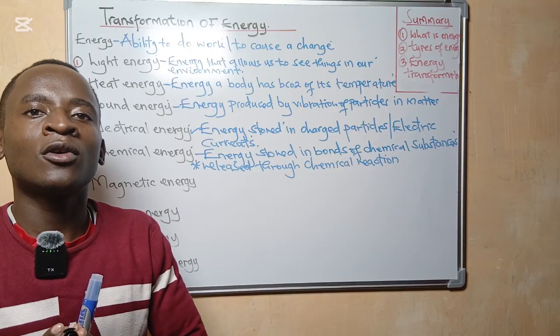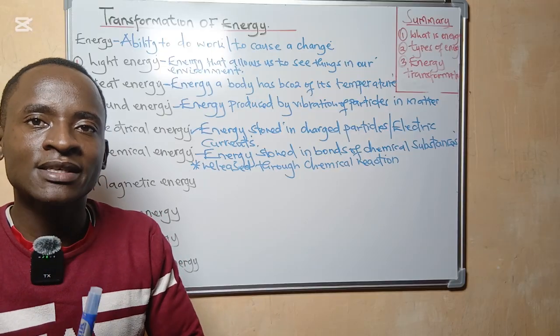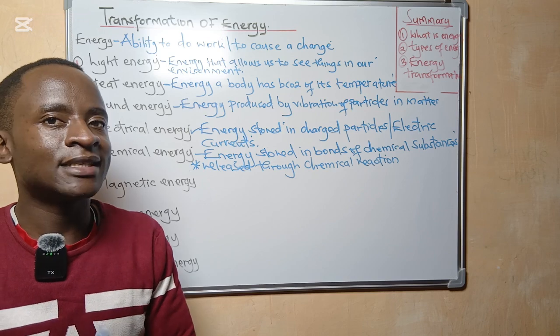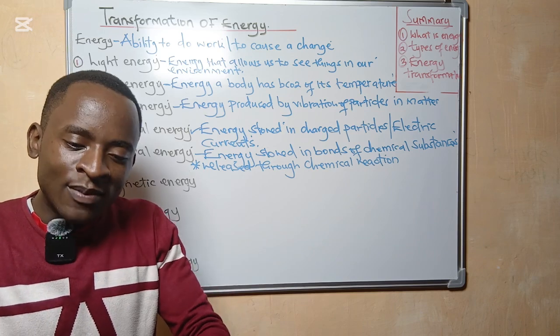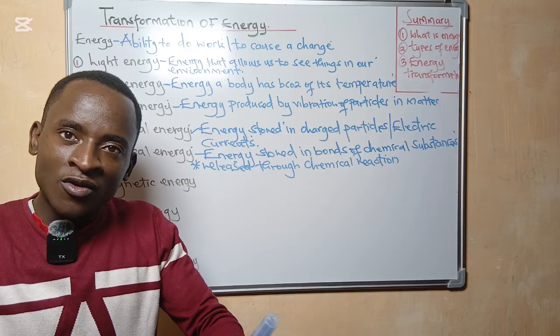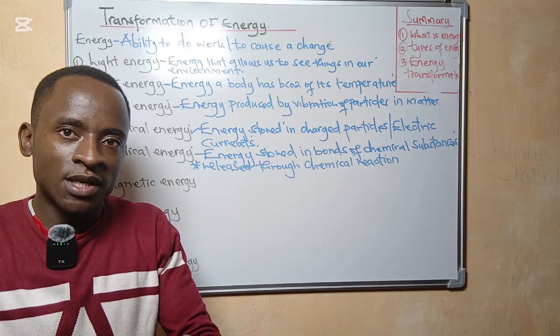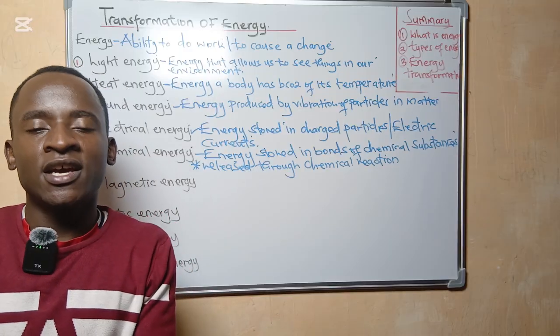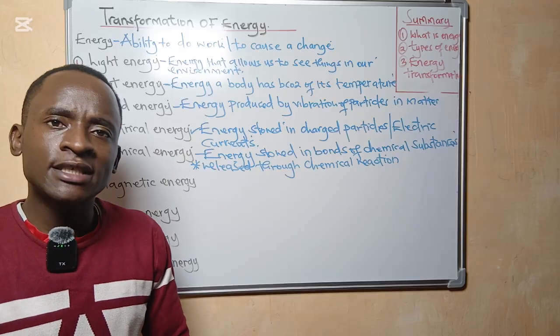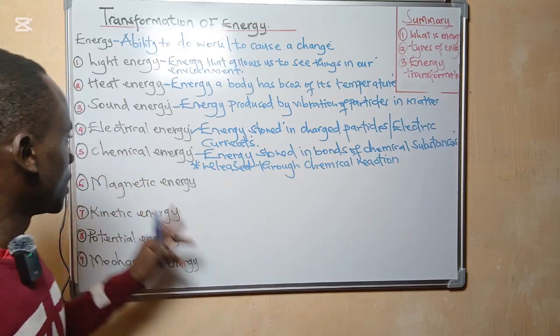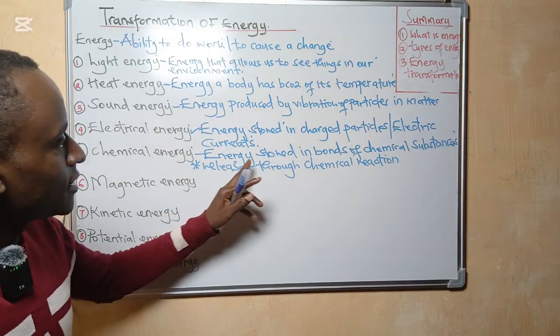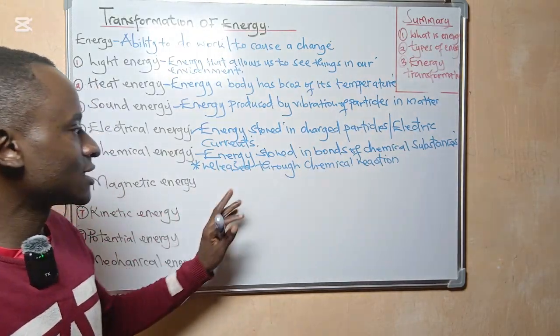And an example of a chemical substance that can give us chemical energy is food. Now, in between the force of attraction holding the particles of food together, we have energy. And this type of energy, how do we call it? A chemical energy. Right. Therefore, chemical energy is energy stored in bonds of chemical substances.